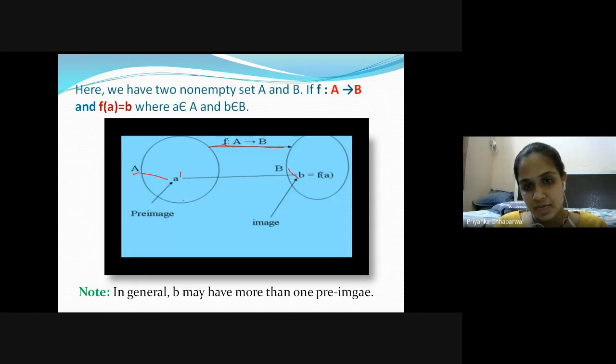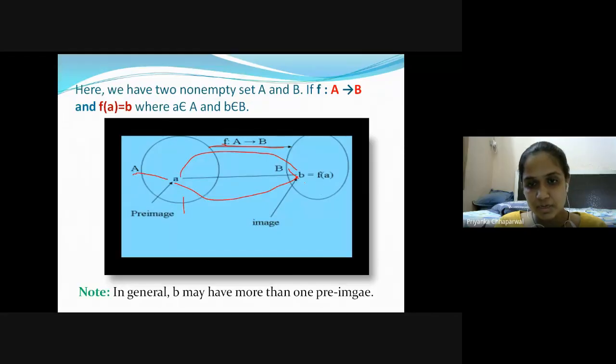The image of a is b and the pre-image of b is a. This is known as the pre-image, and this is known as the image. So it is the function.